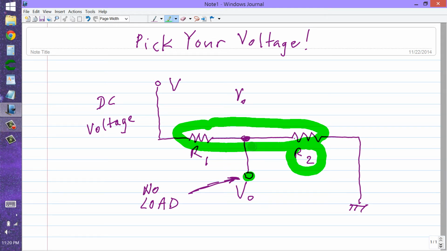So what you want to do then is, the formula is really very simple. V sub 0 equals V, whatever that is. You can never get a V sub 0 that's greater than V. You multiply that by the ratio of R sub 2 to the entire resistance R sub 1 plus R sub 2.